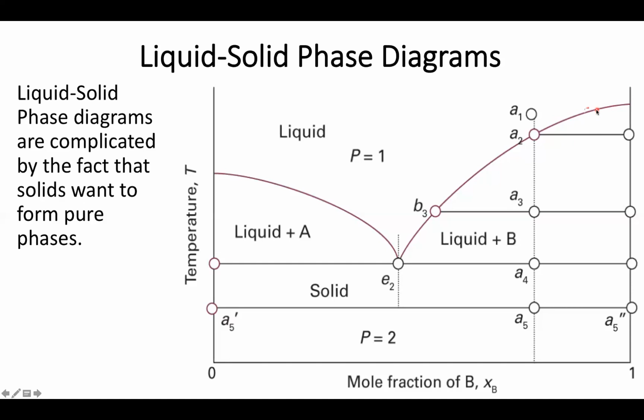But interestingly enough, when it does melt, it's going to mostly try and melt out the impure substance, the substance that doesn't want to be part of this otherwise pure solid B. And this is one of the things that tends to complicate these liquid solid phase diagrams.